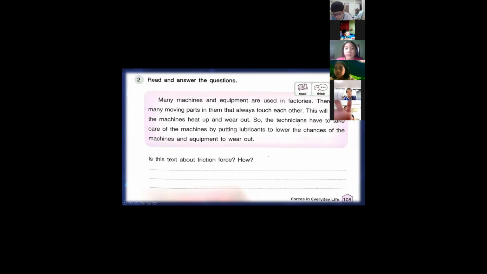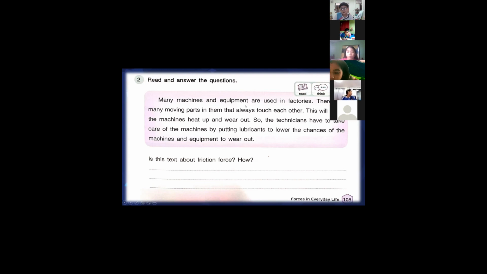So, the technicians have to take care of the machines by putting lubricants to lower the chances of the machines and equipment to wear out. Okay, I repeat. Wear out. Very good.